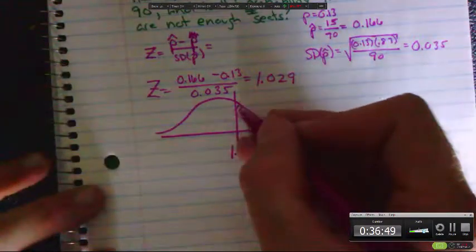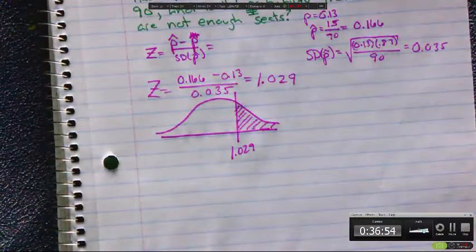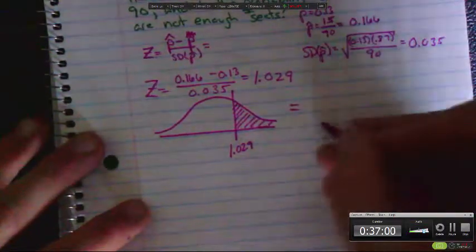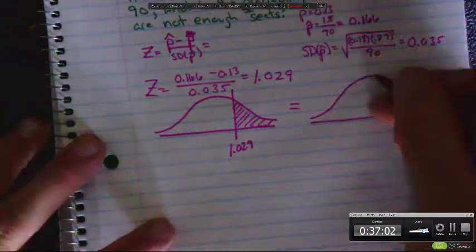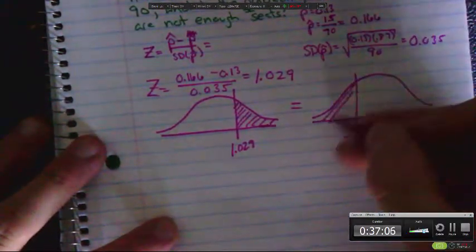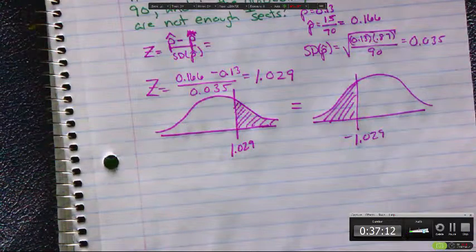So we need to find the area of this region. Our p-values only give you the areas to the left. The area to the right of positive 1.029 is the same as the area to the left of negative 1.029.